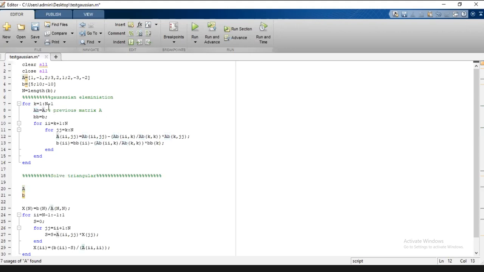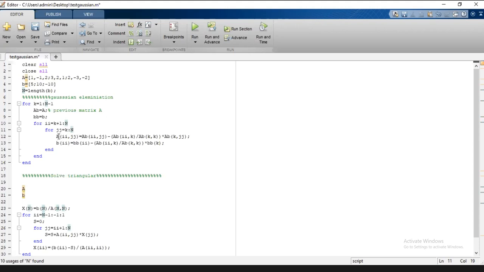You make a loop on K from 1 till n minus 1, because you have n minus 1 steps to get your matrix triangular. Then you go for I equals K plus 1 till n, for J equals K till n.